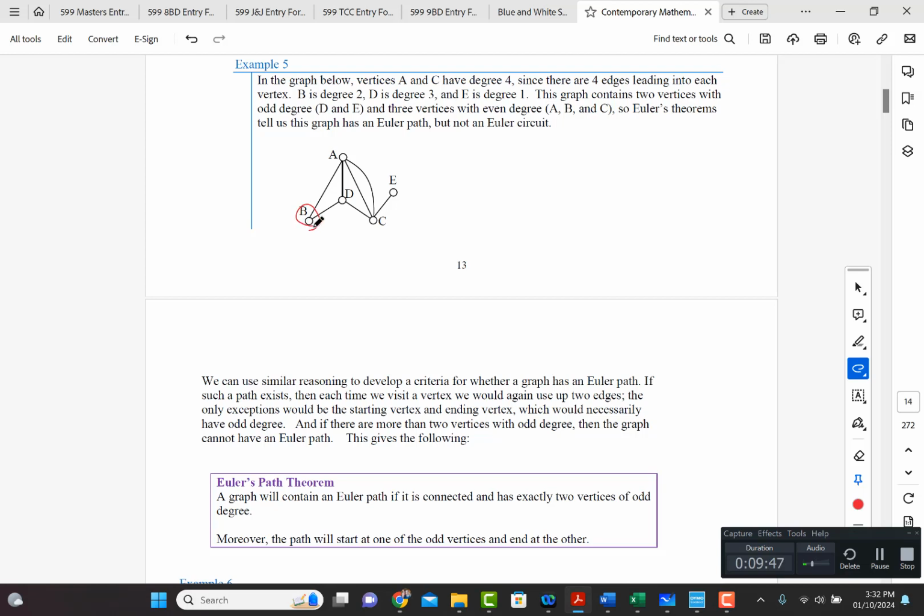B has a degree 2, A has degree 4, C also has degree 4. But look at D. D has a degree 3, and E has a degree 1, which is odd.